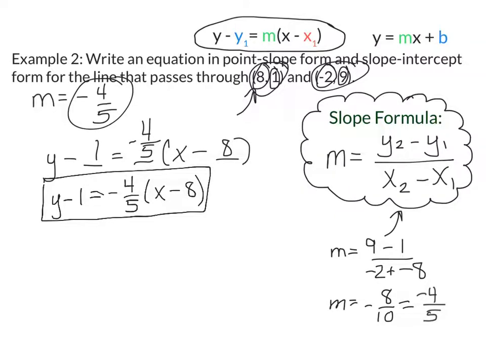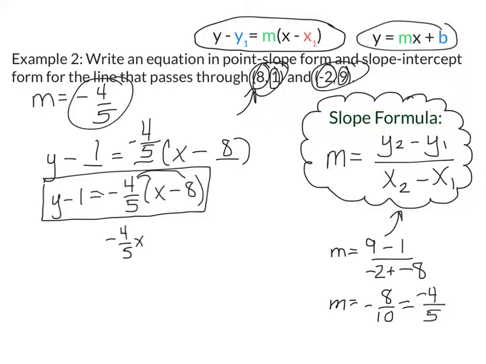And now I have to put it into the slope intercept form. So I'm just going to take the point slope form and solve for y on one side and put it into the mx plus b format. So I'm going to first distribute the negative 4/5 out to the x and to the negative 8. So negative 4/5 times x is just negative 4/5 x.